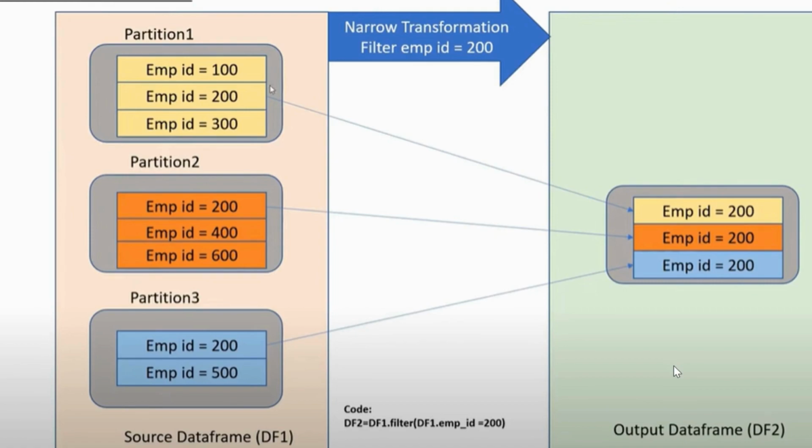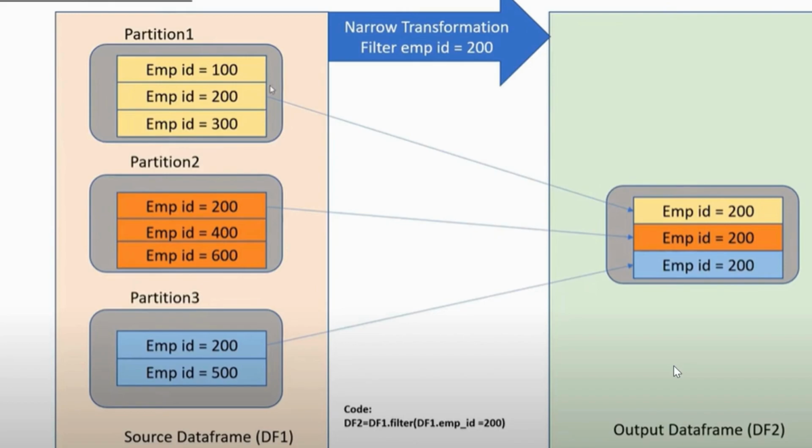So if you see, I just need to filter out the data from partition 1 and put it to my output data frame. Filter out the data from partition 2 and put it in my output data frame. Similarly, I have to check partition 3 if ID is 200 or not, and if it is present, I have to put it from the input to our output data frame. So here it is like a one-to-one transformation we are doing and there is no shuffling of data. So this is called narrow transformation.